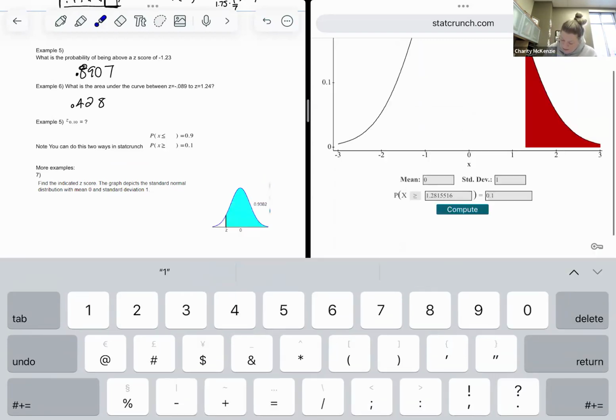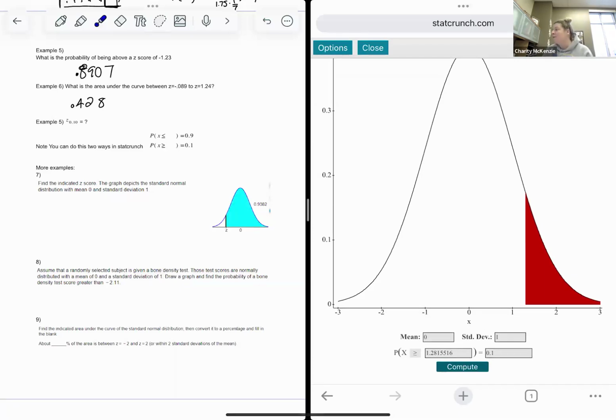So compute, and the z-score would be 1.28. So that is the probability. Okay, so the probability is 0.1.